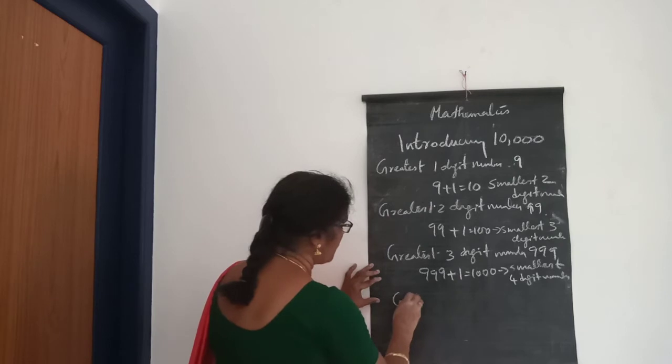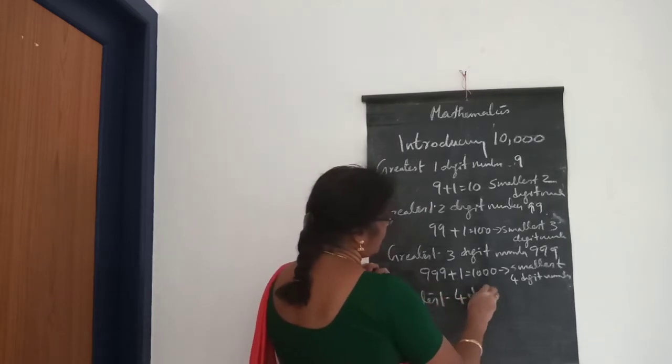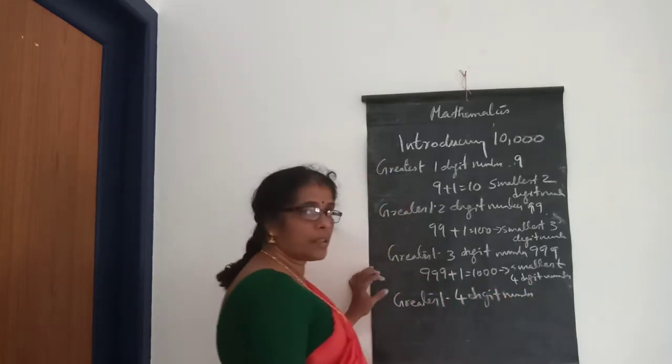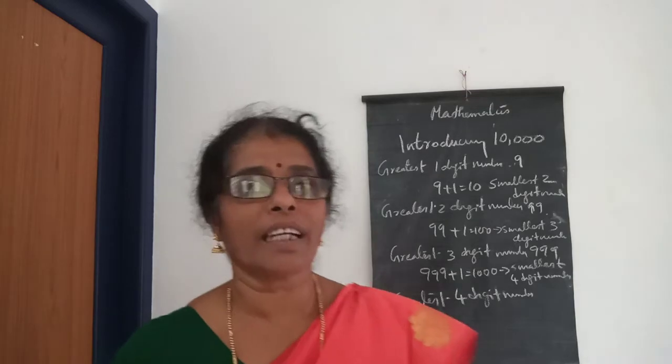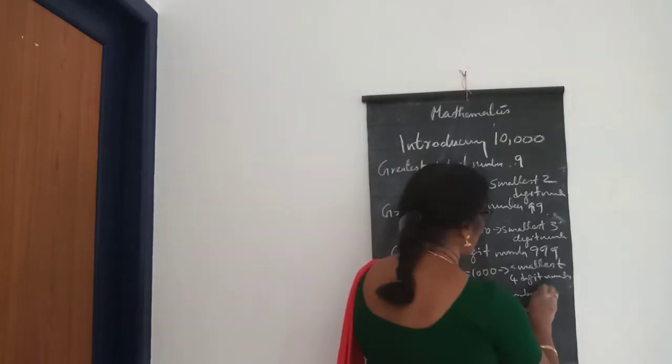Then next, the greatest four-digit number. Which one is the greatest four-digit number, children? Greatest four-digit number, that is 4 nines. What is that? 9,999.